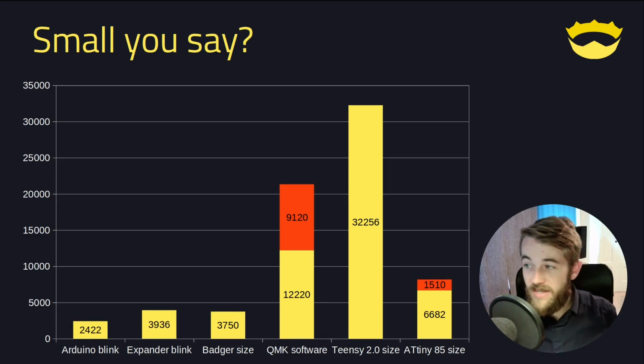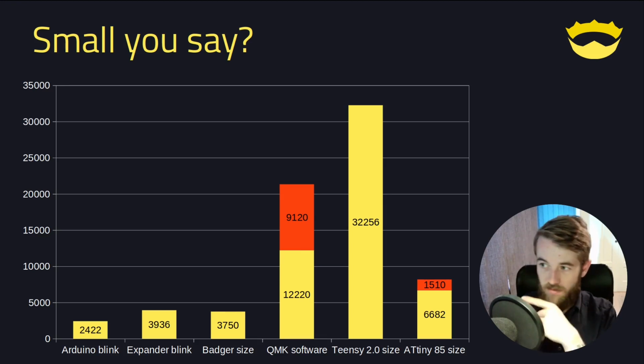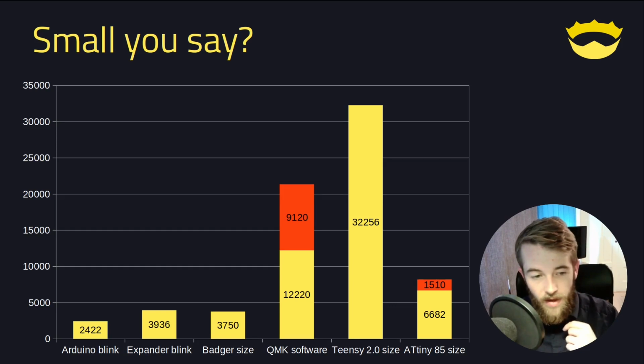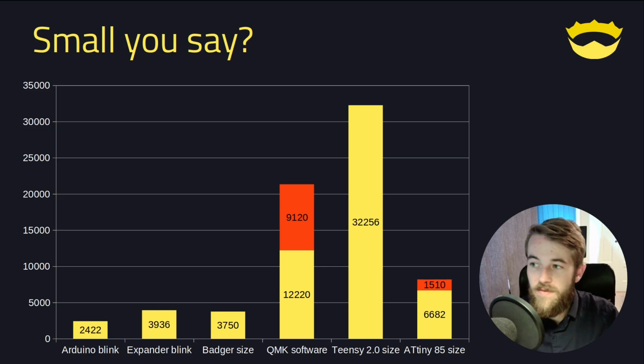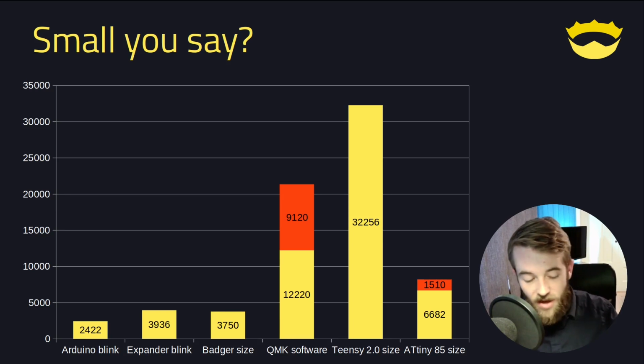So I say it's really, really small. And this is what I mean by really, really small. Way on the left side of this graph, so that way for you guys, is the Arduino Blink. This is like the hello world of microcontroller programming. Most of these microcontrollers have an LED on the controller itself.